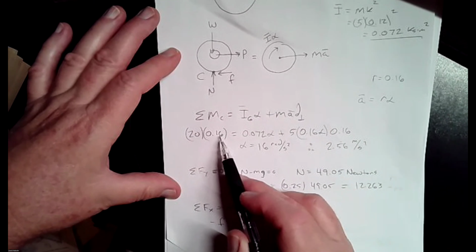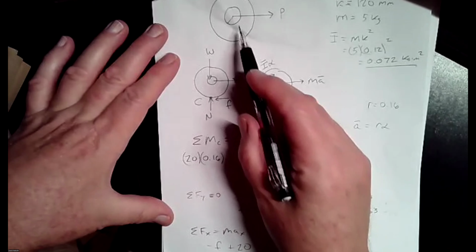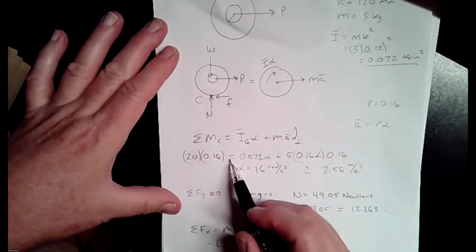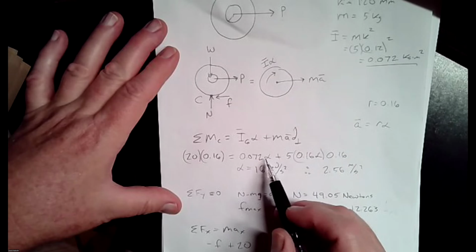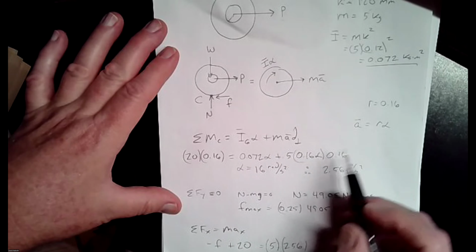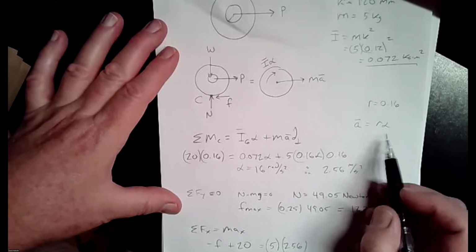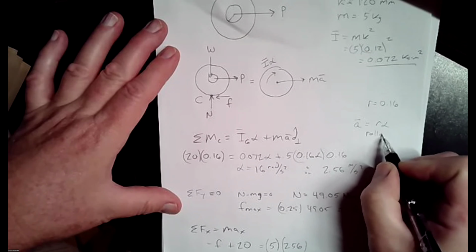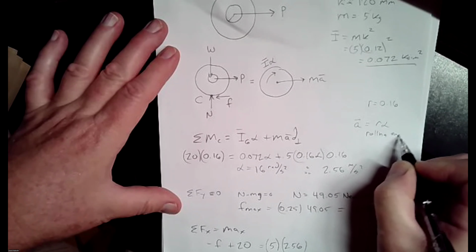My 20 times 0.16, because that's the distance from P down to that point. That's the outer radius. That's all going to equal my I alpha plus 5 kilograms times, and again, I'm going to use a equals alpha r, assuming it's rolling, not slipping, because this only works for rolling, never slipping.